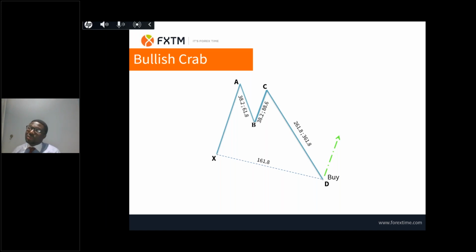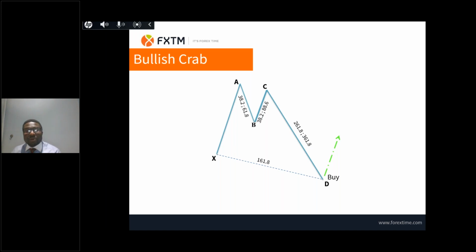I'll draw this on our chart and it will help us understand it better. But I'd like you to take a screenshot of this, or copy it down very quickly, and then we'll go over to the chart to practicalize what we have just seen.